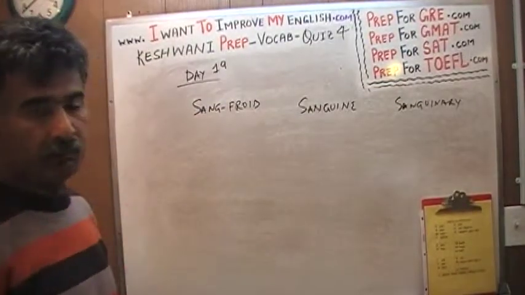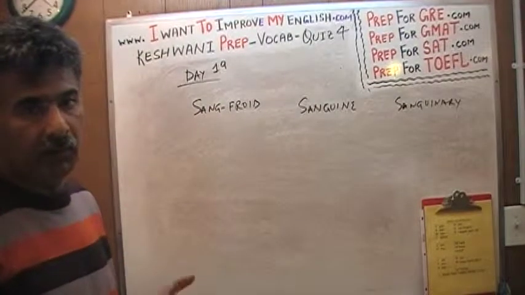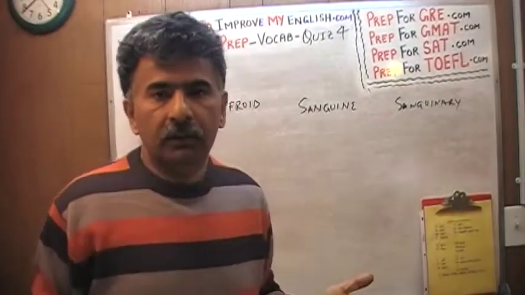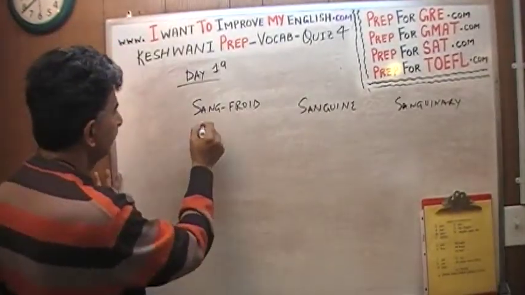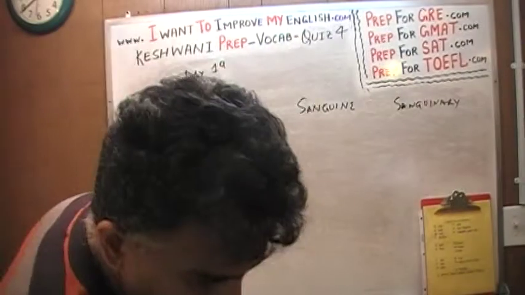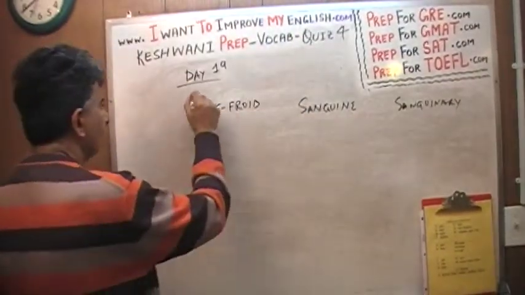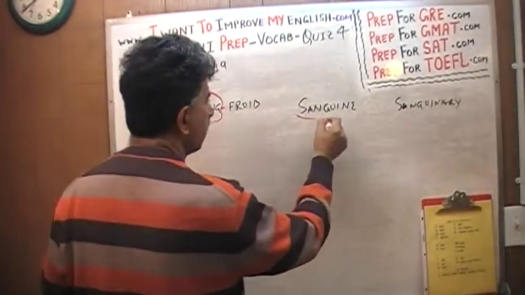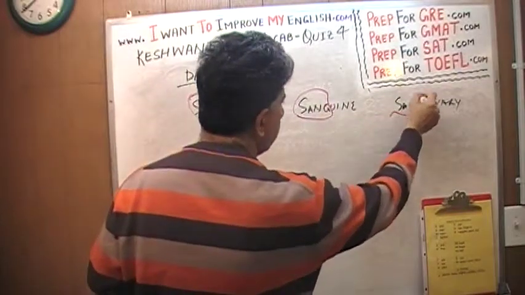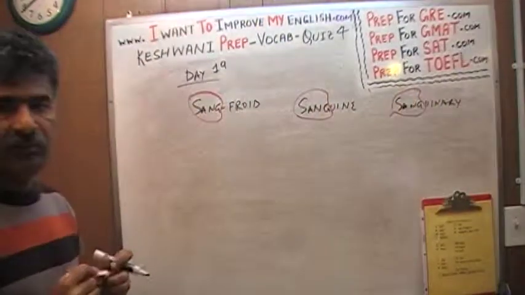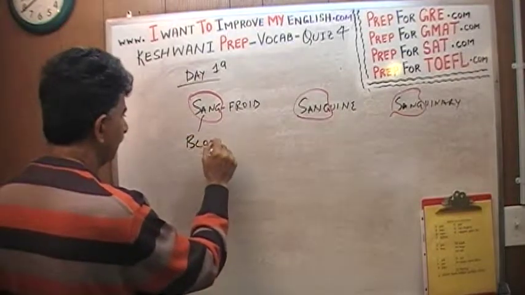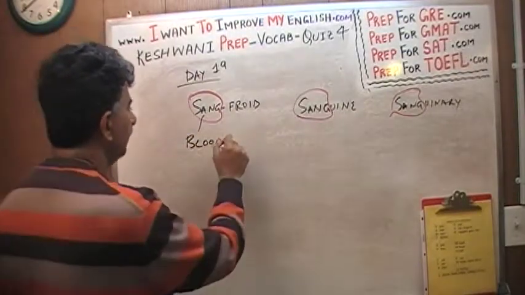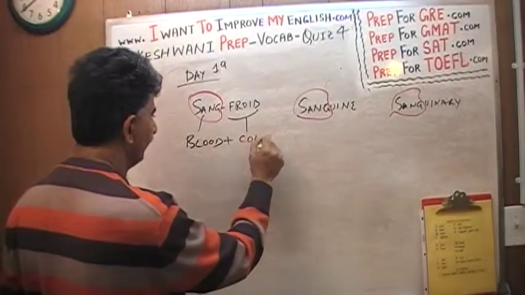Sang-froid came to my mind when we were dealing with the word equanimity. Equanimity means to have sang-froid, to be calm, to be collected, to have composure. Sang-froid literally means, all of these words have the prefix sang, which means blood in French, and here this word means cold.